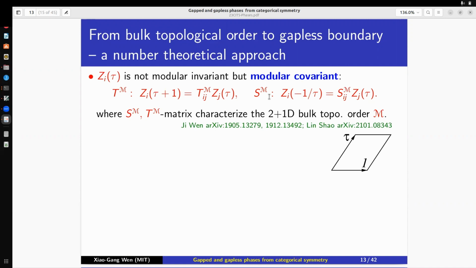This vector-like partition function is not invariant under modular transformation, but transforms in some way under modular transformation. It transforms according to an ST matrix, and this ST matrix happens to be the ST matrix describing the topological order.